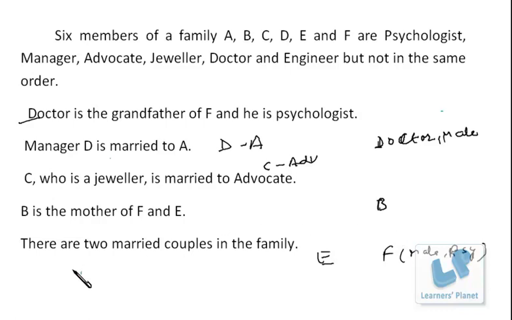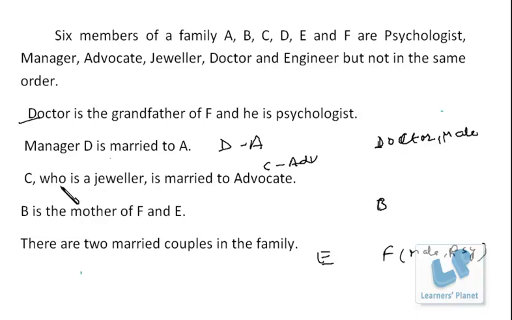Then there are 2 married couples in the family. That means one in this generation and one in this generation. So this is a married couple and this is also a married couple. Now see this statement: C, who is jeweler, is married to advocate. That means jeweler and advocate have got married to each other, right? That means C should be over here, because in this generation one is doctor, but there is no doctor in this generation.